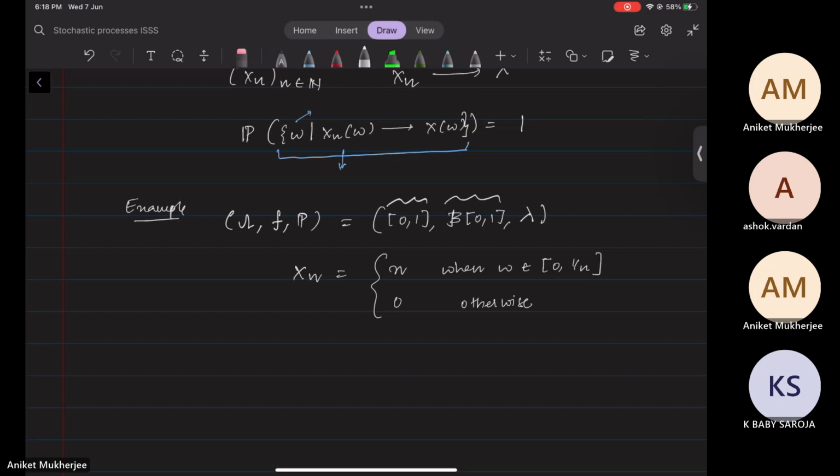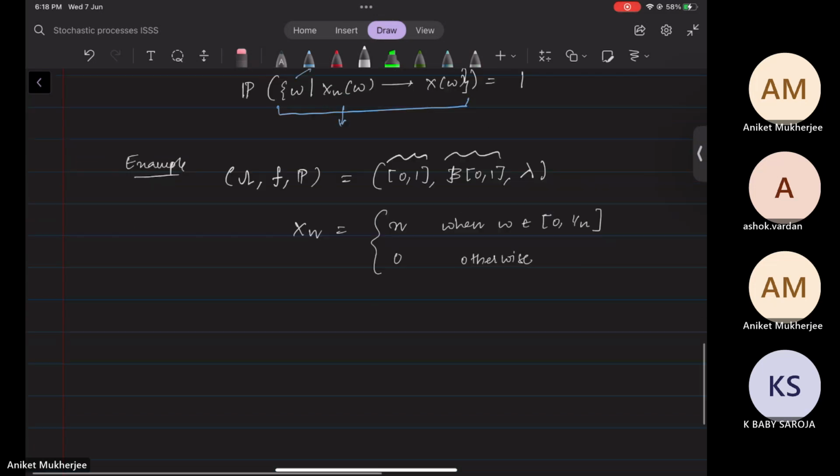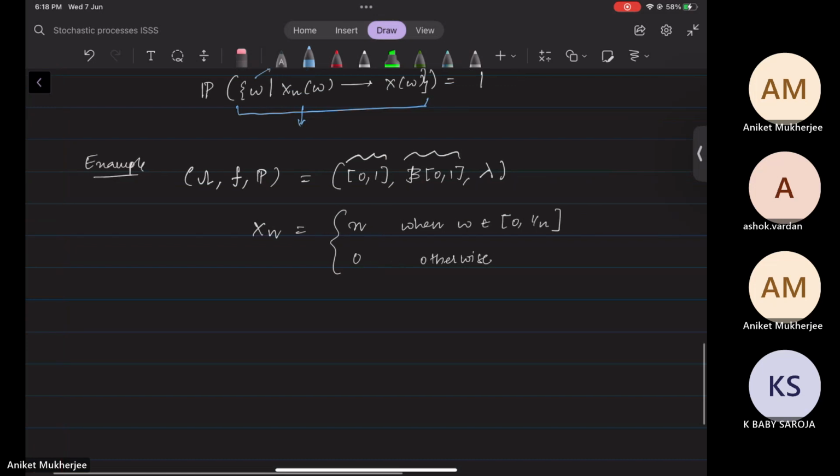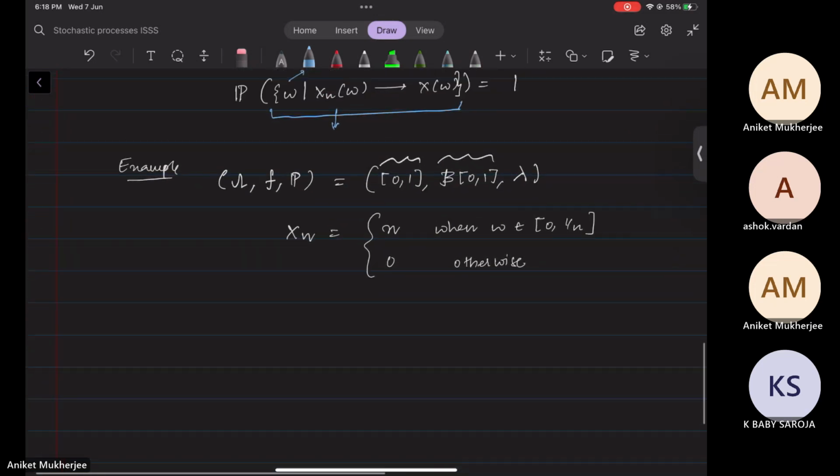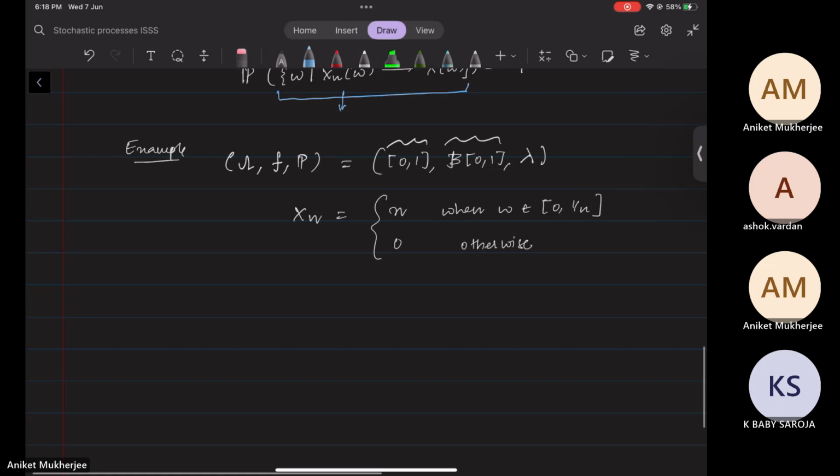If it does not belong to (0, 1/n), then it takes 0. So X1 is always 1, because 1/1 is 1 and all the omegas belong to (0,1). So X1 is 1 with probability 1.